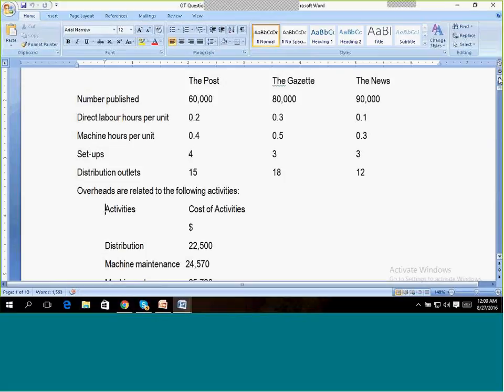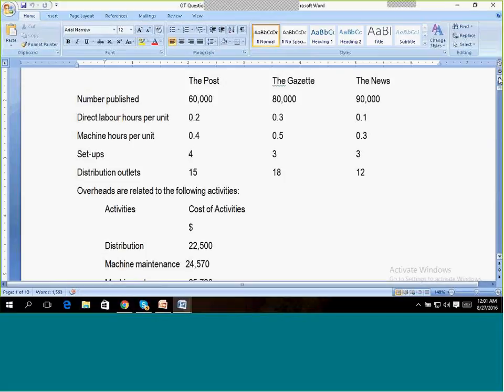If you look at the paper post, they are using 0.4 machine hours. The gazette, they are using 0.5 machine hours. If you look at the news, they are using 0.3 machine hours. So it is more machine intensive, and the overheads will increase or reduce with usage of the machine hours. Labor hours are fewer than the machine hours, so I will use the machine hours.